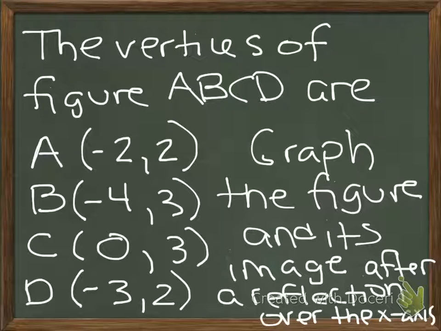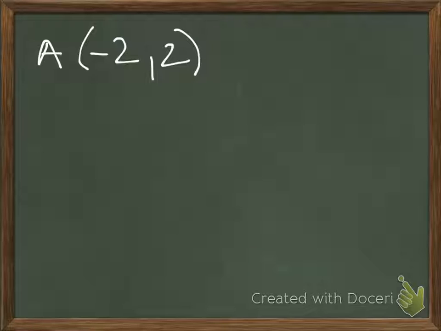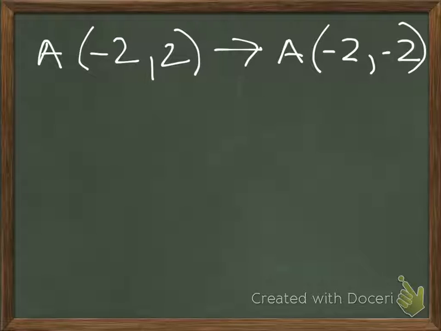So when the x-axis is what you're reflecting over, you keep the x-coordinates the same and the y-coordinates become opposites. So you have A is negative 2, 2. The x-coordinate would be the same since we're reflecting over the x-axis, but the y-coordinate would be opposite. So the new y-coordinate would be negative 2.